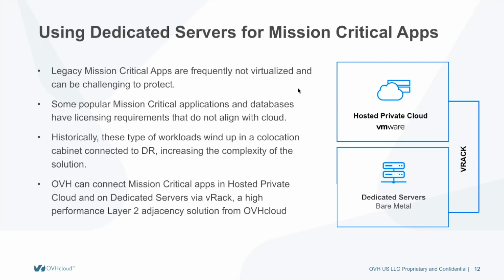For something that's not virtualized, and I don't want to virtualize it, going into a disaster recovery or resiliency scenario, I can keep it not virtualized, place those workloads on OVH dedicated servers, and connect them together. This is a powerful combination.